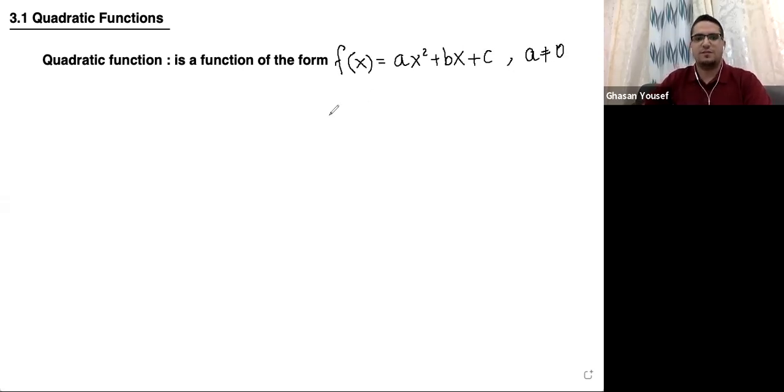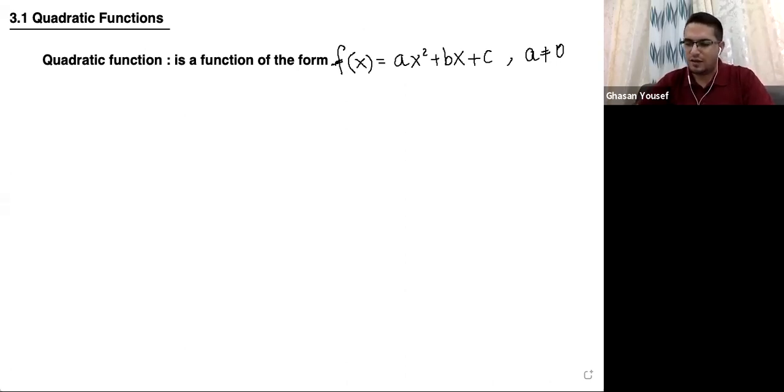This is the quadratic function. Any function of the form f of x equal ax squared plus bx plus c, such that this a is not equal 0. Or I can define it as a polynomial function of degree 2.